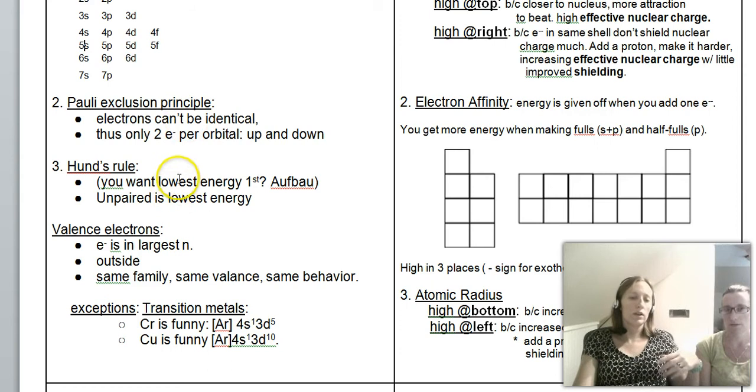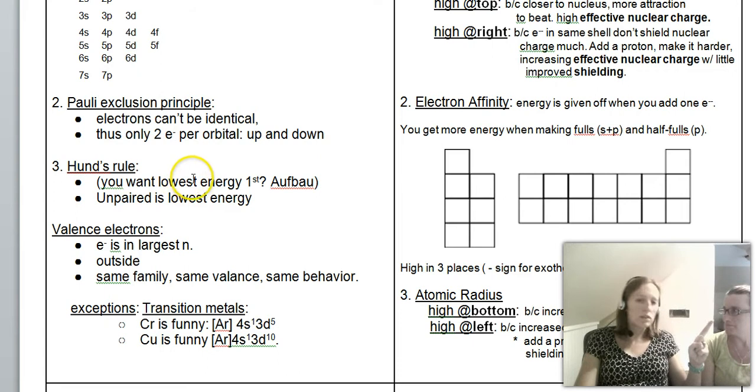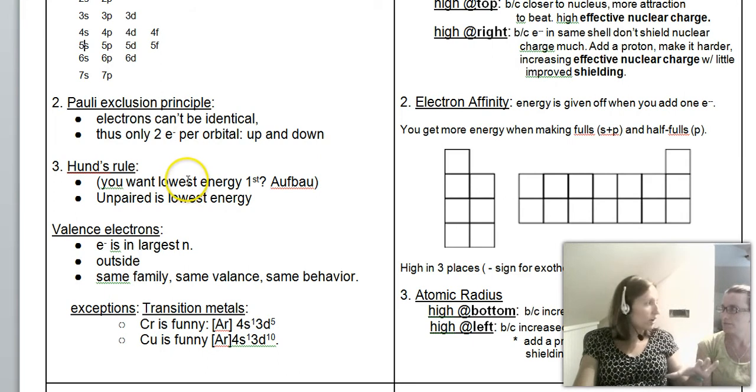Hund's rule kind of says you want lowest energy? I'll give you lowest energy. Unpaired is lower energy than paired, so if you can manage it, do that.